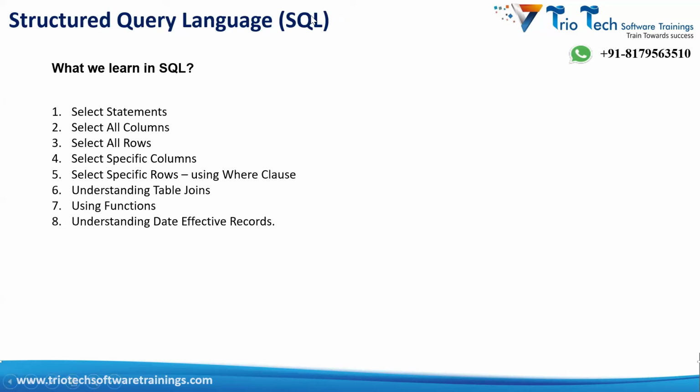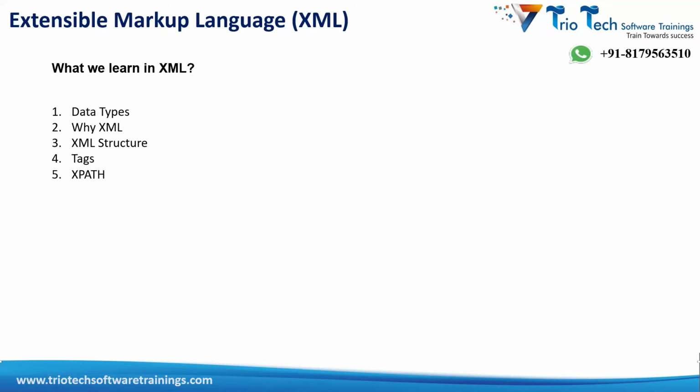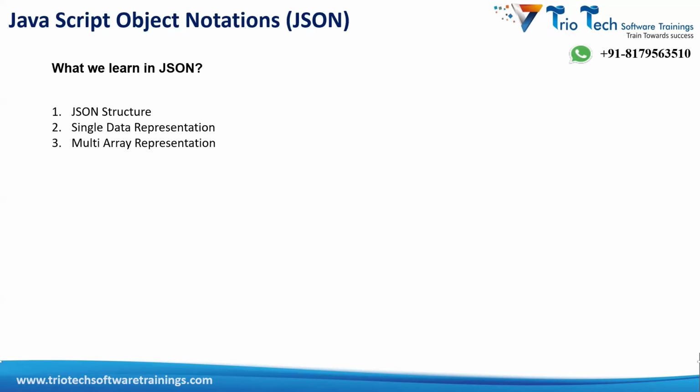Information can be represented in a database in tables. It can be represented in files, such as an Excel file, a Word file, a CSV comma-separated file, or it can be represented in an XML file or a JSON file.